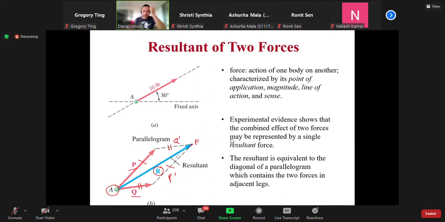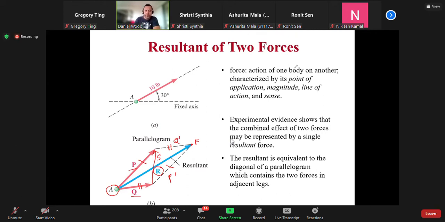So this is essentially the parallelogram rule, which says that Q squared plus P squared plus Q prime squared plus P prime squared is equal to R squared plus another one here, let's just call it S squared, the sum of the squares of the diagonals. So that's the parallelogram rule.